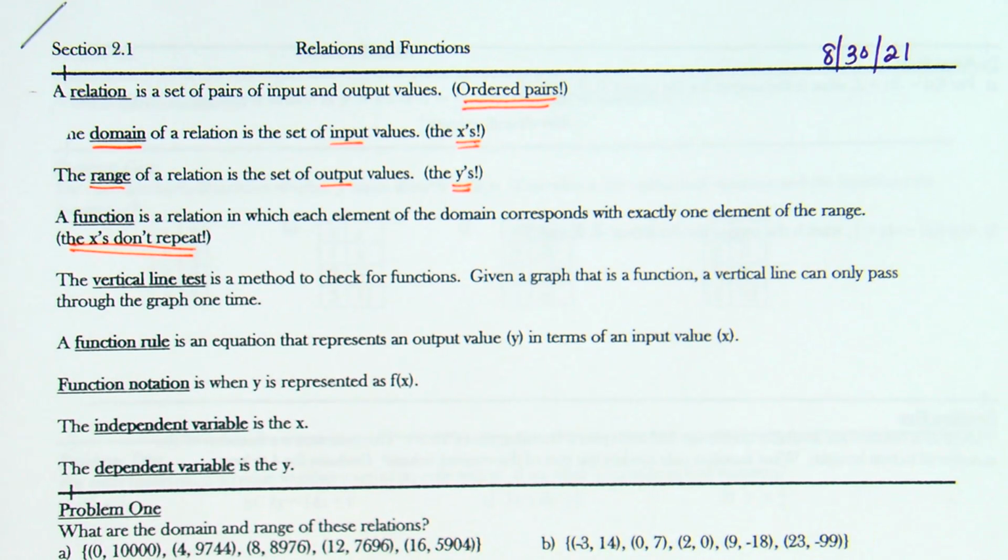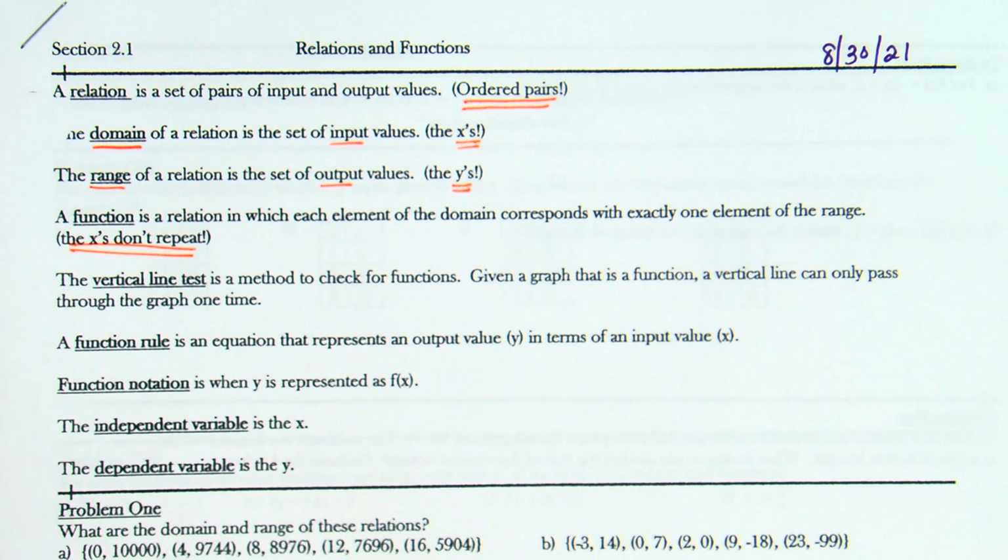Given a graph that is a function, a vertical line can only pass through the graph one time. So if it passes the vertical line test, a single vertical line drawn will only touch the graph once. If it touches it more than once, it fails the vertical line test, and it's not a function. So again, we'll practice some of those.